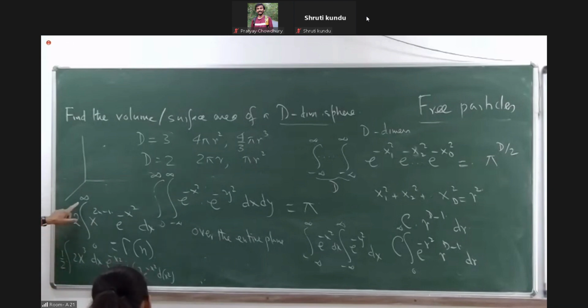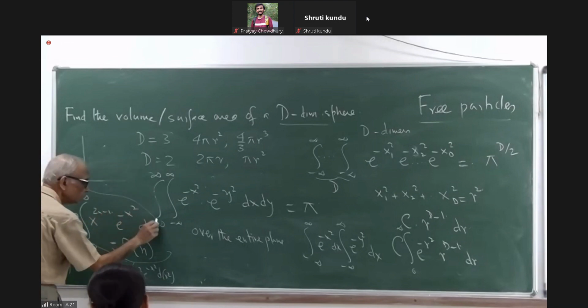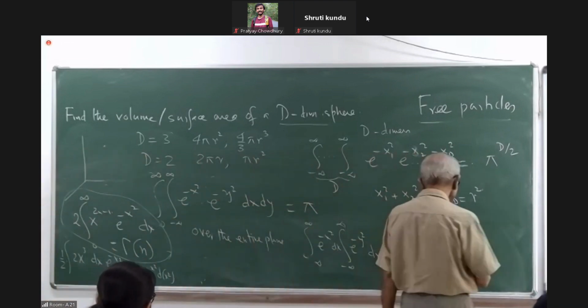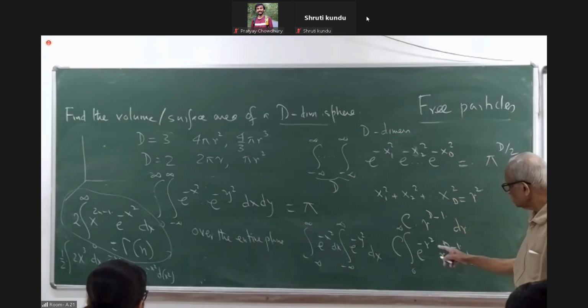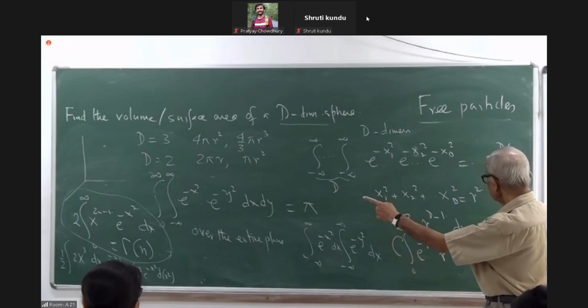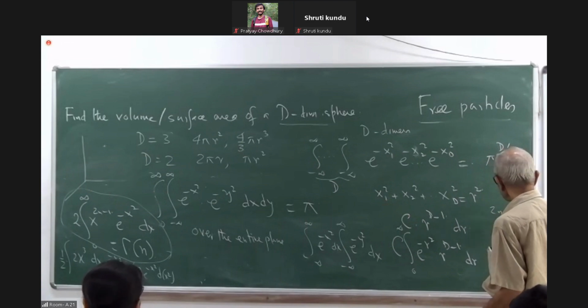So 2 times the integral from 0 to infinity of x to the power 2n minus 1 e to the power minus x squared dx defines the gamma function gamma of n. So what I'm looking at over here is e to the power minus r squared r to the power d minus 1 dr. So you compare with that, 2n minus 1 is equal to d minus 1.